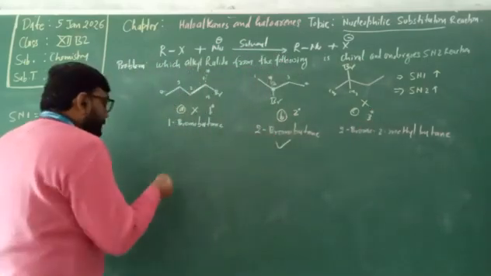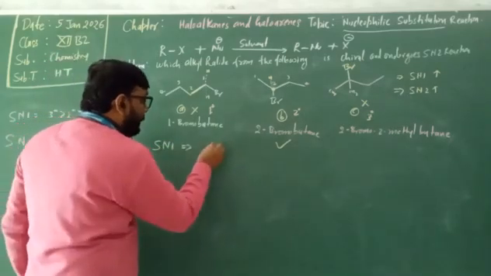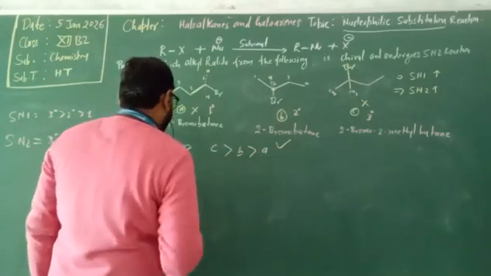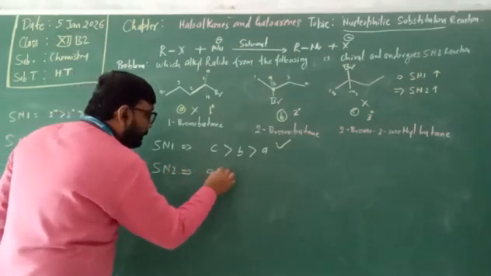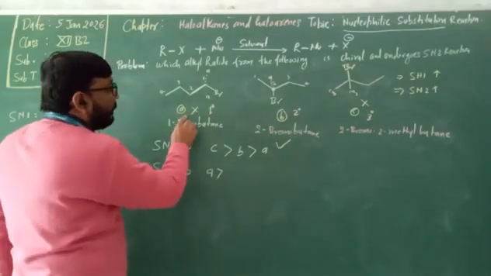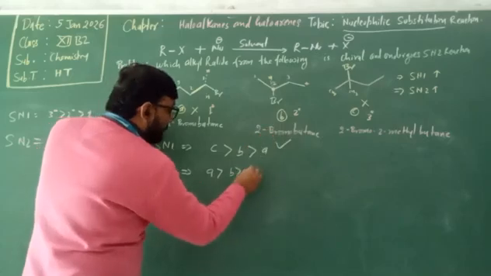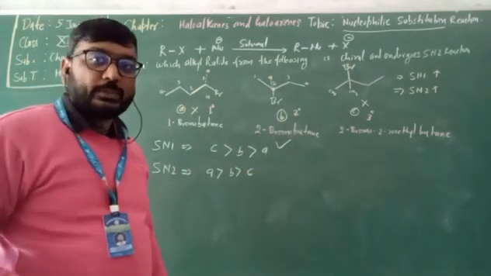Now arrange SN1: C will go fastest, then B and then A. In the case of SN2, it will be A, the 1 degree, then B and then C. So this is the answer to the given question.